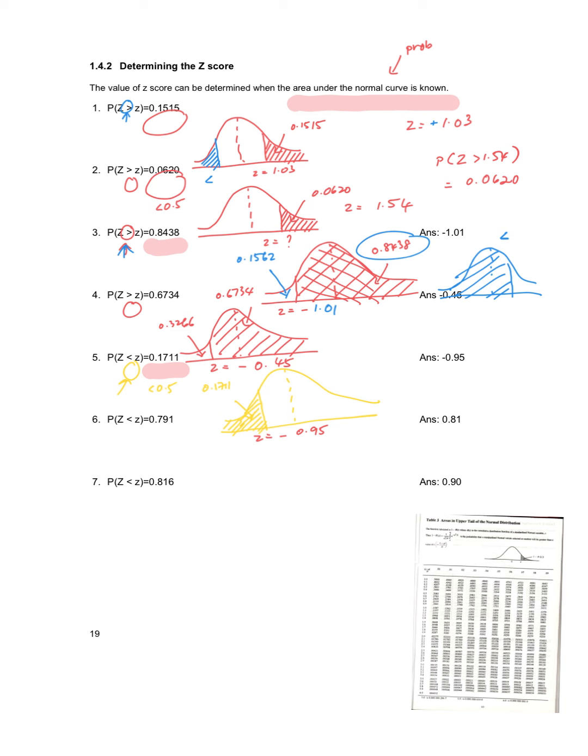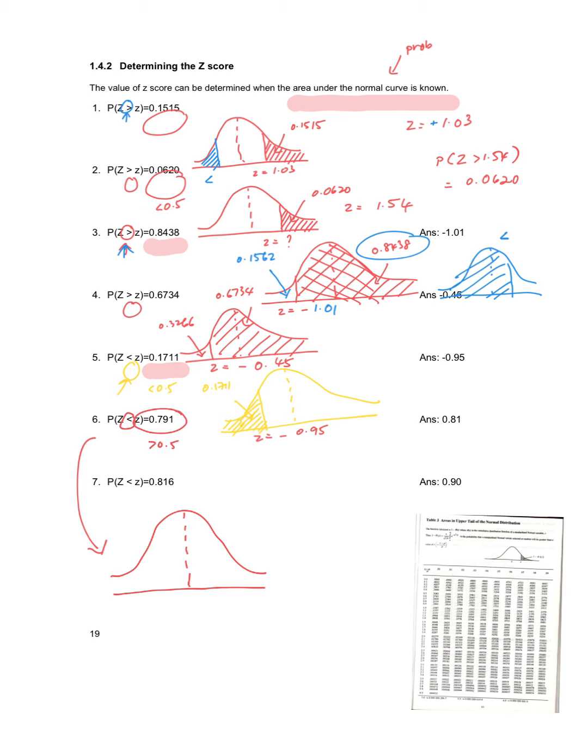Okay, number 6. Probability of Z less than Z equals to 0.791. So kita lukis dulu. Sign dia kurang, probability value dia more than 0.5.